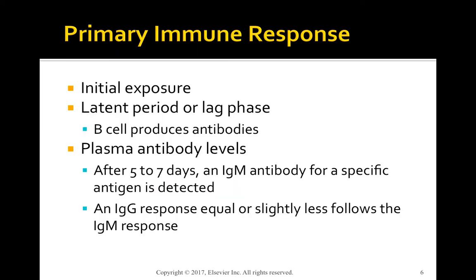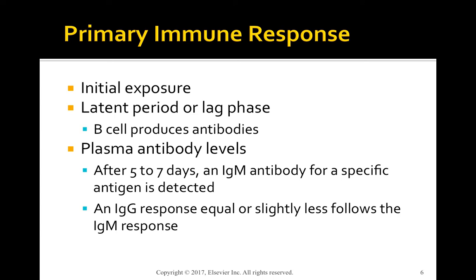When we're talking about immune responses, we talk of it in two terms: a primary immune response and a secondary immune response. A primary immune response means this is the very first time that you are being exposed to the said invader, and it takes a while, sometimes up to 5 to 7 days, for that big IgM antibody to develop the antigen so that it can be detected.